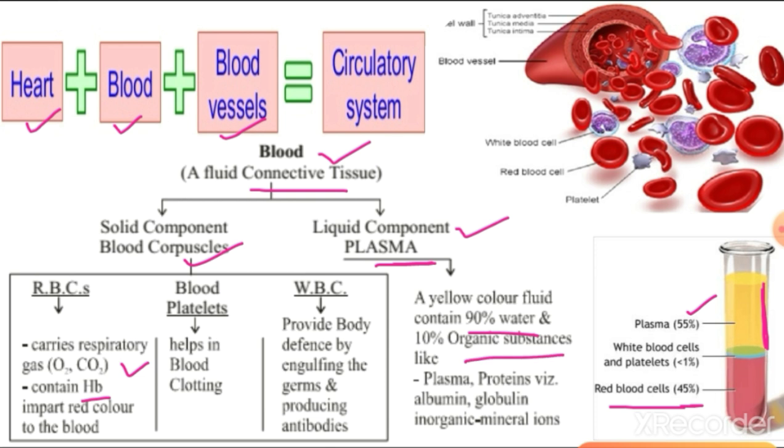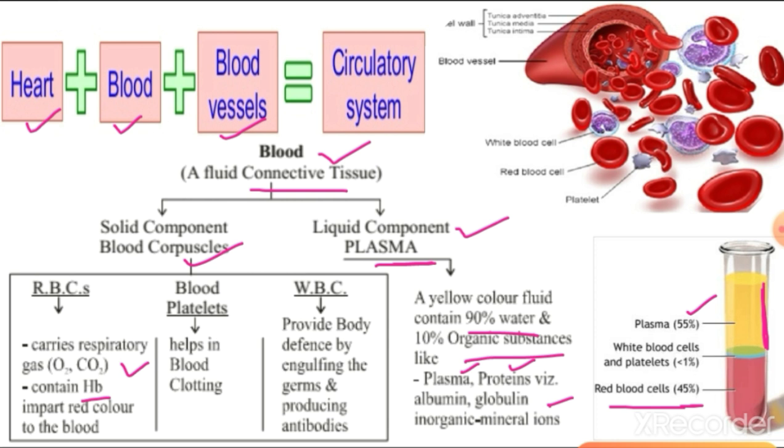Organic substances means it contains proteins like globulin and albumin. Now, what does the plasma carry? It carries carbon dioxide, food, waste, and hormones. All these things are carried. Other than oxygen, all the other things are carried by the plasma.